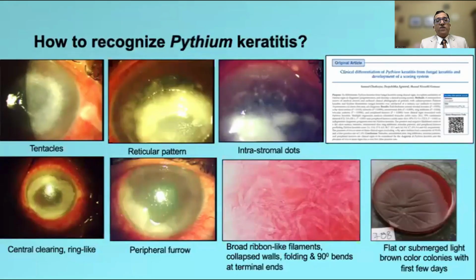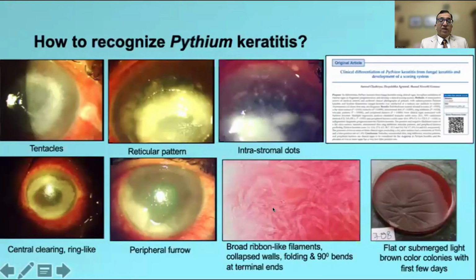One is it resembles fungal keratitis, and that's why the misdiagnosis with fungal keratitis is very, very common clinically. Even experienced microbiologists can have difficulty in distinguishing between the Pythium filaments from fungal filaments. Pythium is not actually a fungi, it's a parafungi, it's an oomycete.